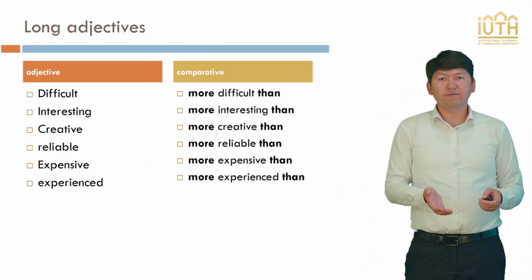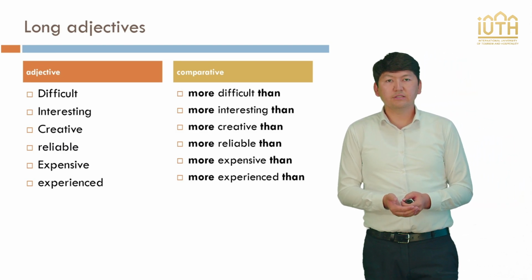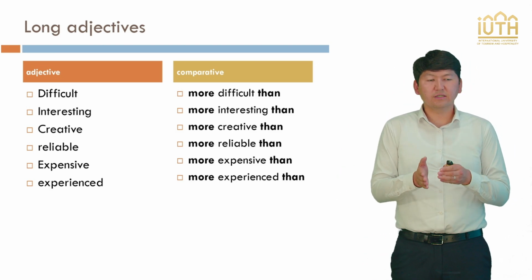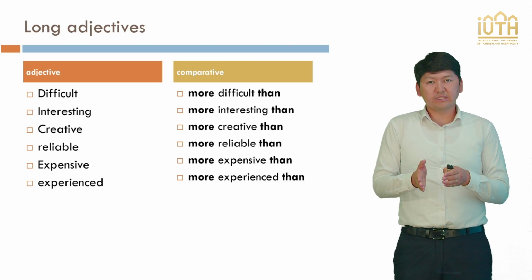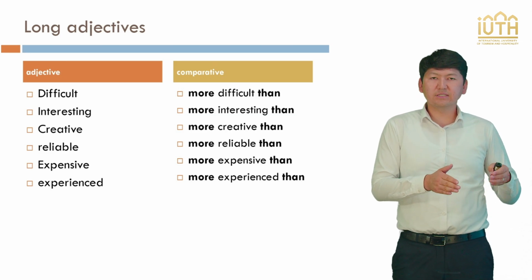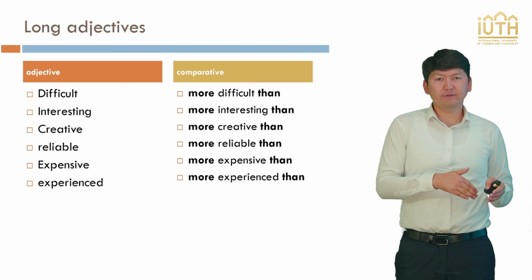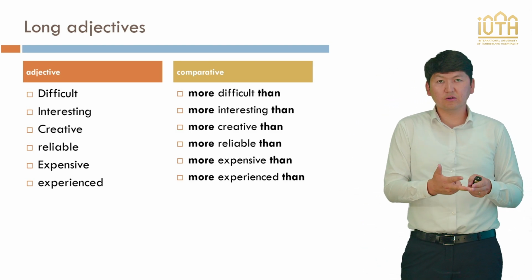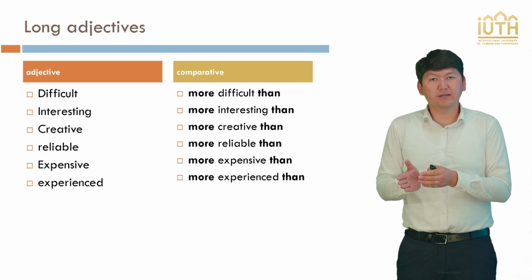And here we have a list of long words like difficult, more difficult than; interesting, it's a long word, so we say more interesting than something. Creative, more creative, and so on. So if you have a long word of three syllables or more, you need to add more at the beginning.